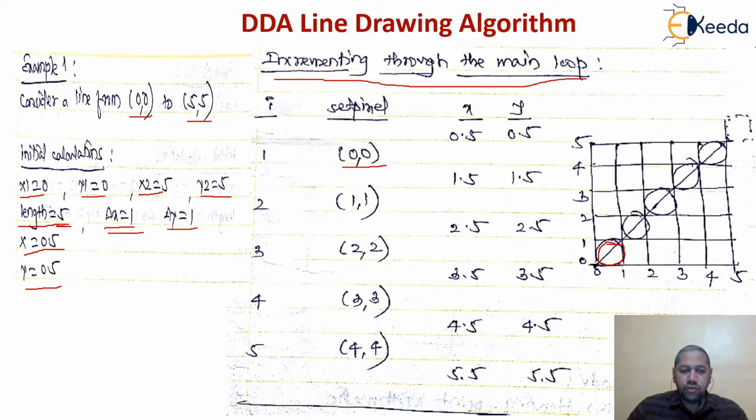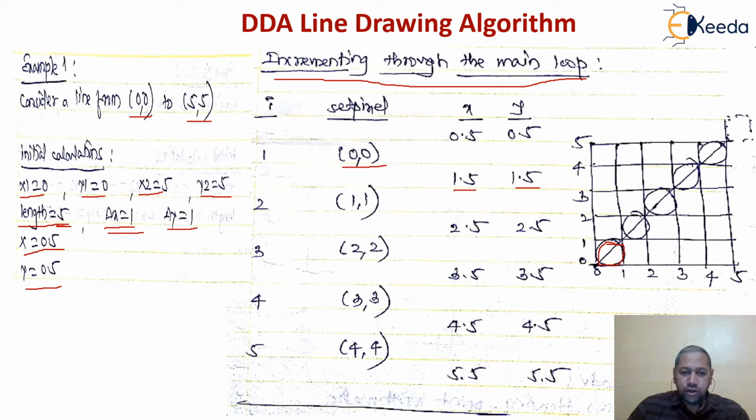Delta x is 1. So 0.5 plus 1, I will get 1.5. Y is 0.5, delta y is also 1, so I will get 1.5. This is a very simple example because the displacement in x and y are the same.